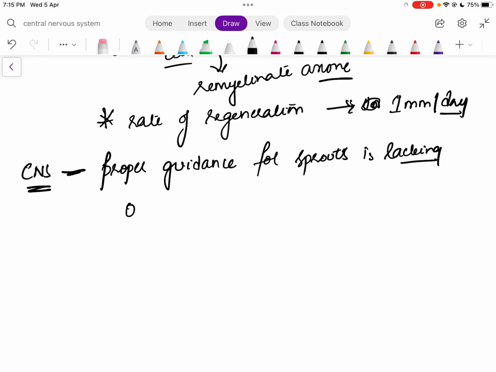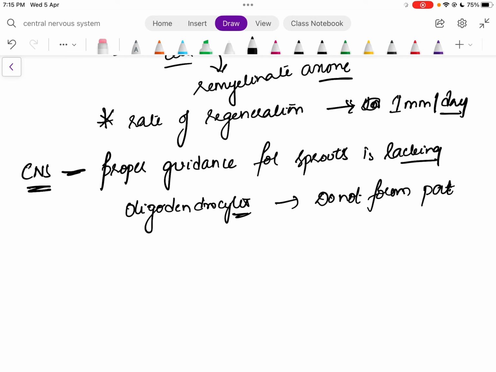And in CNS, myelination is done with the help of oligodendrocytes. And these oligodendrocytes do not form a path along which sprouts grow. So this is not seen and there are no further extensions. Everything is lost. So axonal regeneration is not seen in CNS.